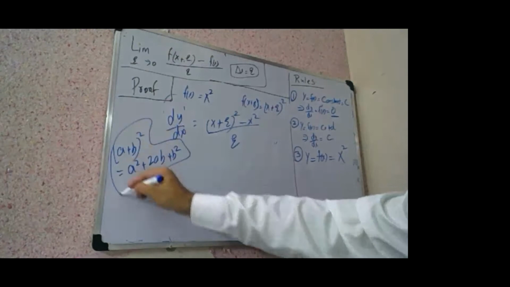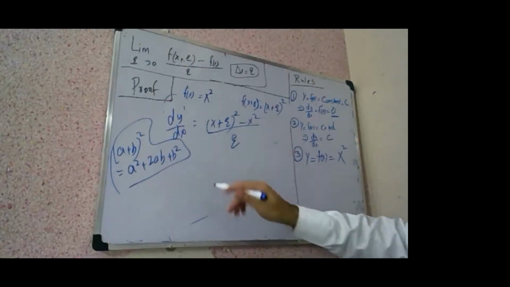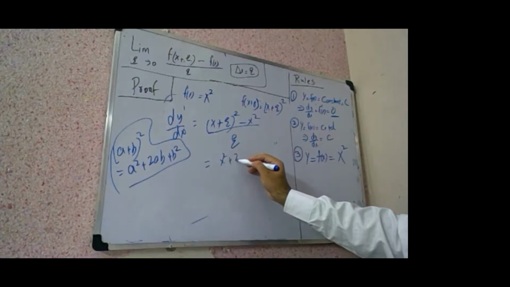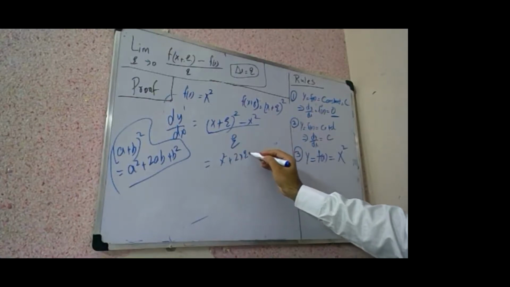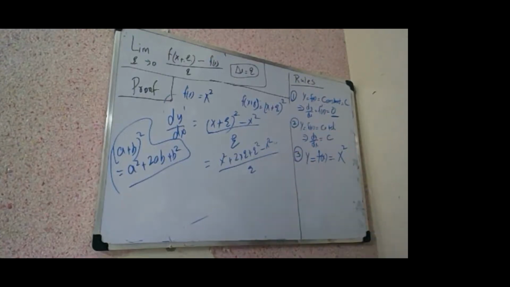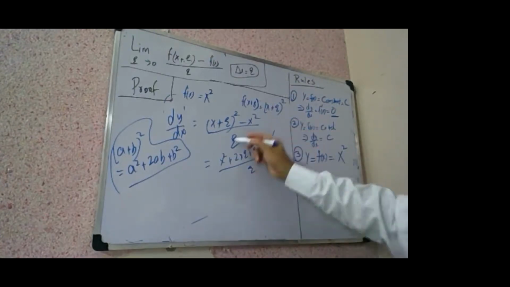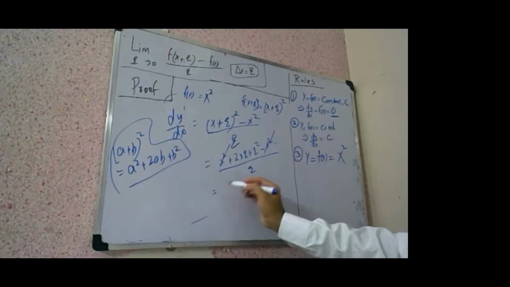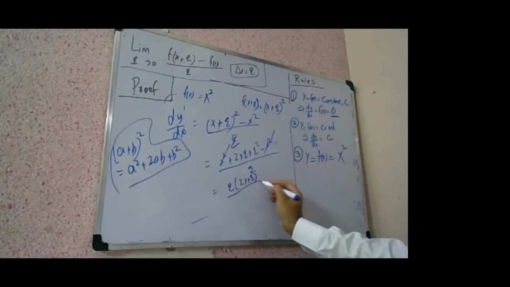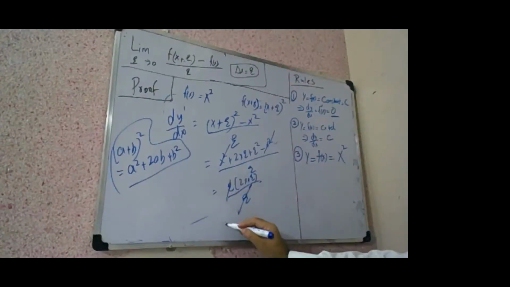So just apply this here. dy by dx will be x square plus 2x epsilon plus epsilon square minus x square upon epsilon, right? So this x square will be cancelled, and we can take epsilon out, epsilon times 2x plus epsilon upon epsilon. So this will be cancelled, so it will give us 2x plus epsilon.